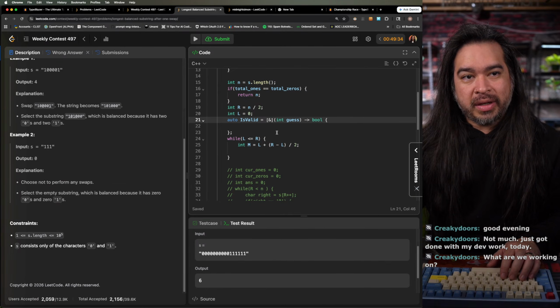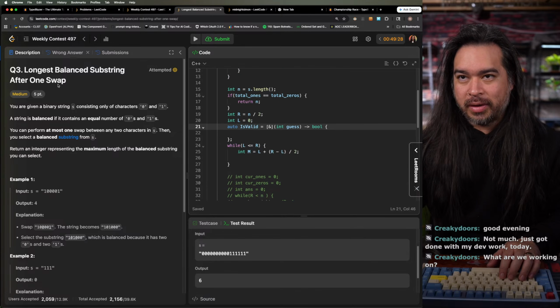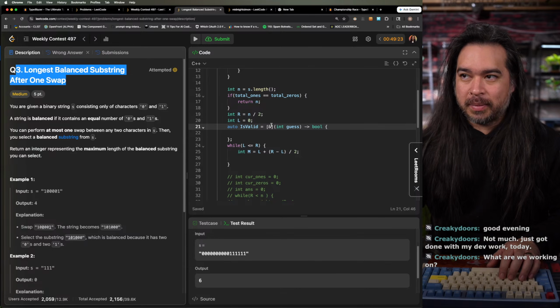Just got done with my dev work today. What are we working on? We're working on a little LeetCoding, trying to solve this problem. This was in a contest last weekend.